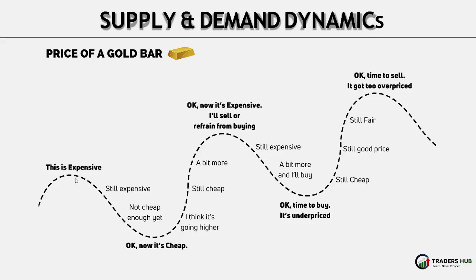For that reason, you can see that the price is depreciating in value, and slowly it is depreciating, but on this level it is still expensive, not cheap enough yet. Once we go to this level, it is now cheap, and you can anticipate that it is from this level that the price will move higher. So this is our demand area. This was the previous supply, this is our current demand area.